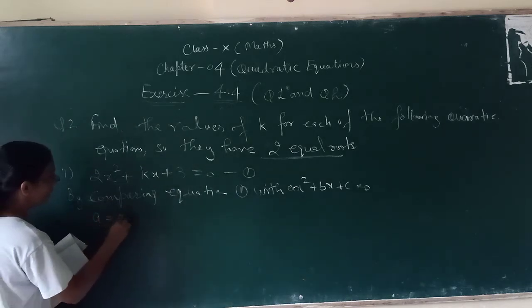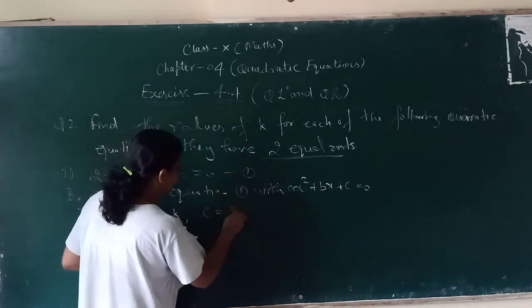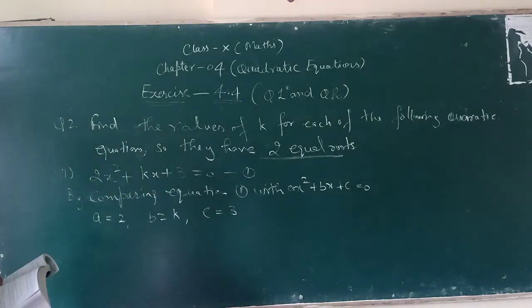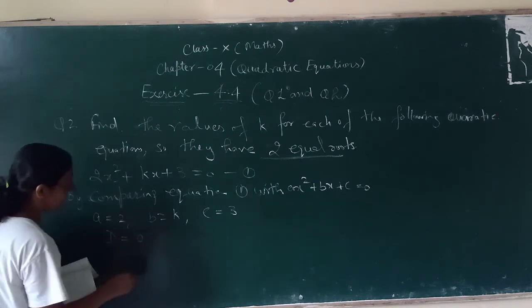That is a is 2, b is k, c is 3. Now what is given? Equal roots. That's why we can say D is equal to 0.